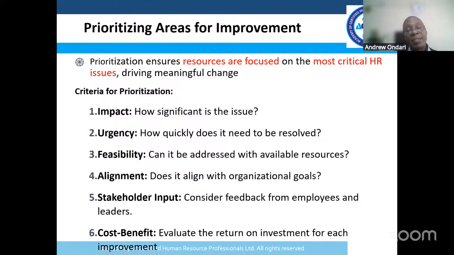As HR managers, this goal should be cascaded to us. So we ask ourselves, what do we need to do in order to achieve that goal? We can do several things. One, we train our employees so that they have the relevant skills and knowledge to deliver services so that customers can be delighted.